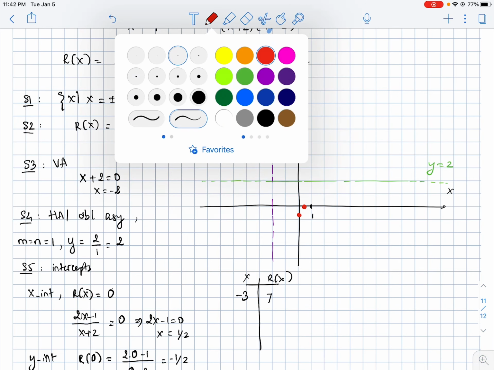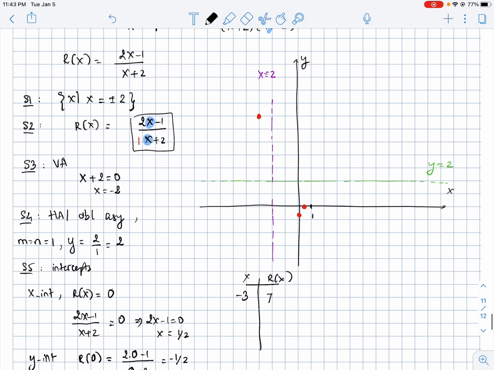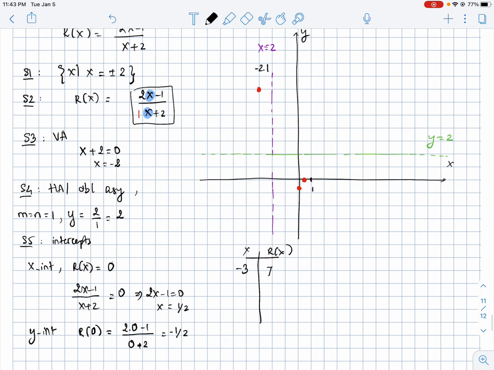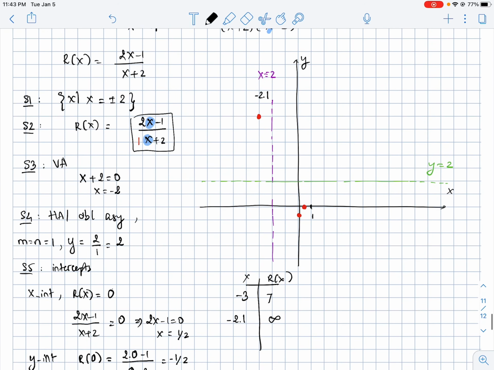And then we need to make the points near the vertical asymptote. So on the left side of x equal to negative 2, we will make negative 2.1. And when you input negative 2.1 into the function, you will get a very big number. I'm going to leave this for you to do.